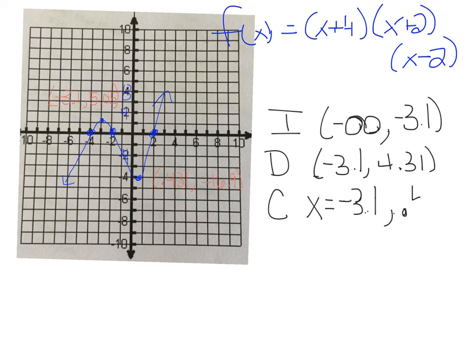I wrote that wrong earlier, it should be 0.431. At 0.431 we're constant, and then we're going to increase again from 0.431 till infinity. And there's your answer.